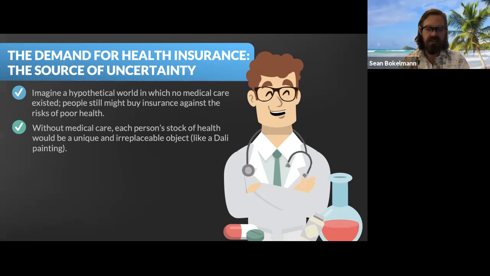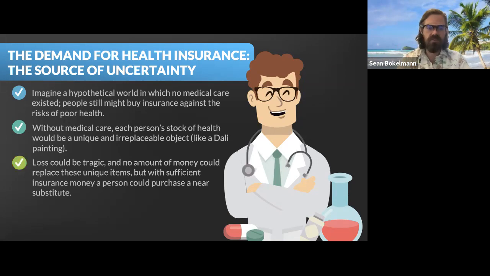If it's destroyed somehow, there's no getting it back, especially in a world where there's no medical care. And so any kind of loss of health is potentially tragic if the injury or illness is severe enough, and there's no amount of money that can replace these types of unique items, right?